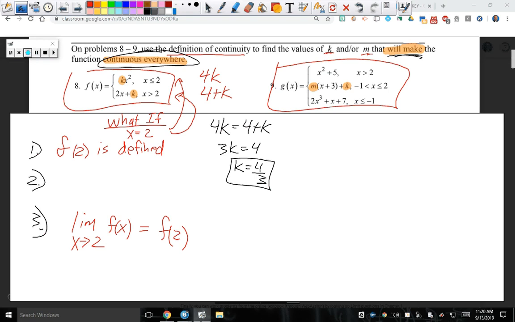It's 4k, right? F of 2 is 4k. Y'all with me the way I'm developing this? And at the very end, you'll put that f of 2 would be 16/3. Because if you plugged in 4/3 for k, you would get 16/3.